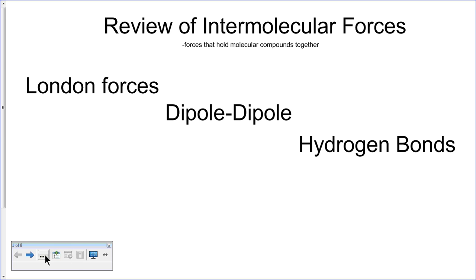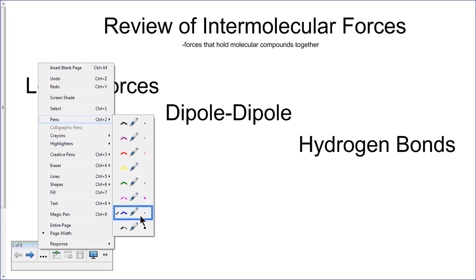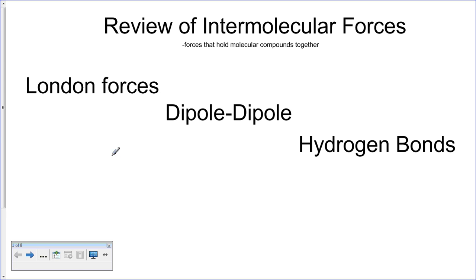With London forces, these are the types of forces that exist when we have nonpolar molecules. So when we have two nonpolar molecules, what happens is the electrons randomly shift in one molecule, making a slightly negative end to the molecule.